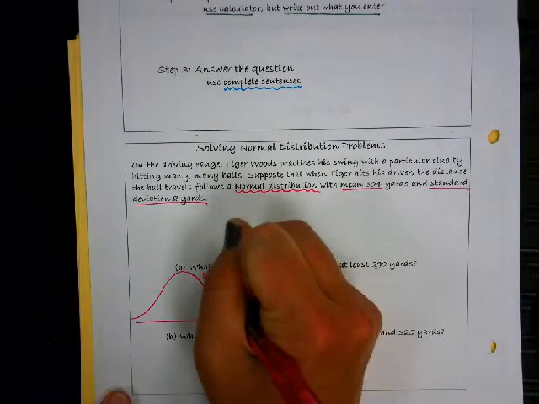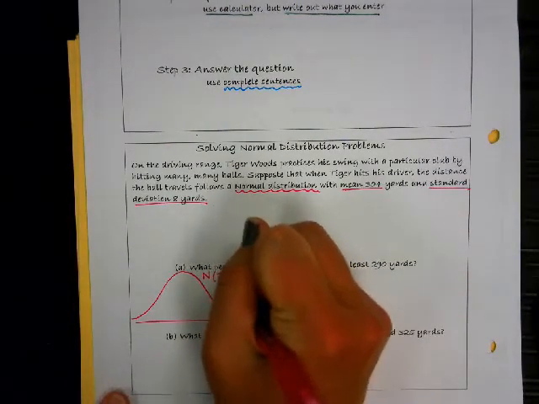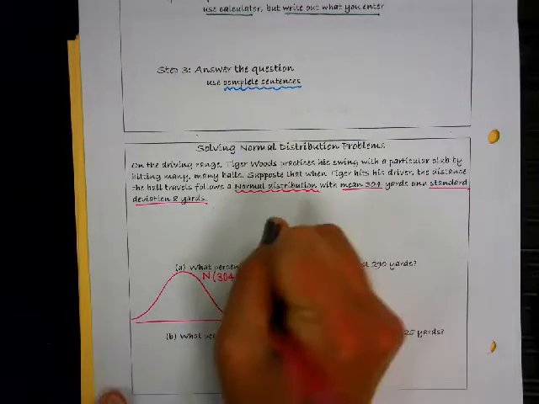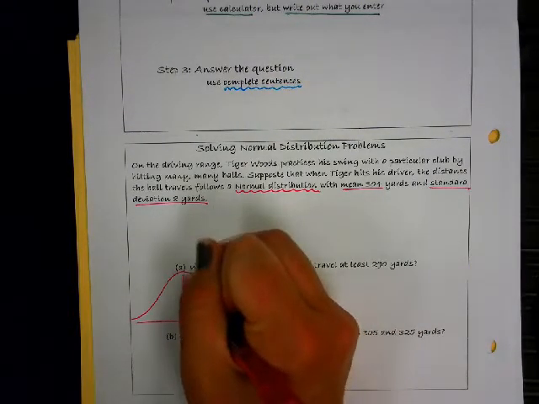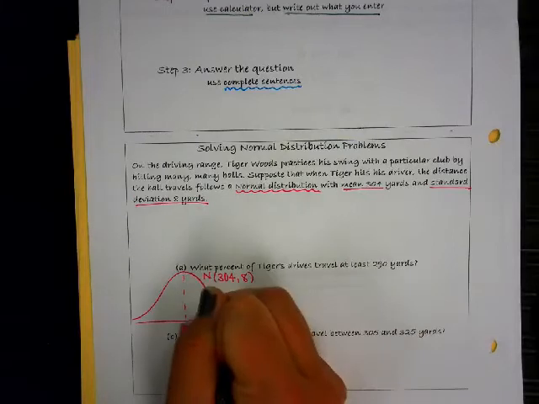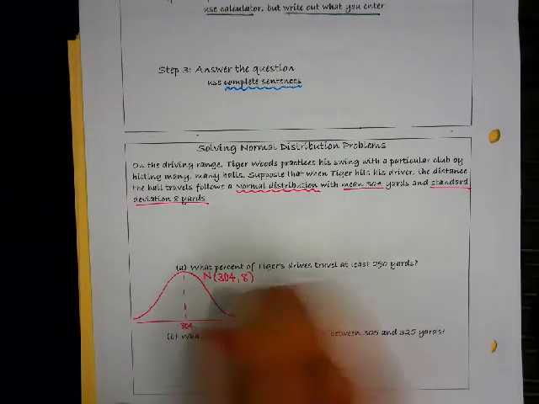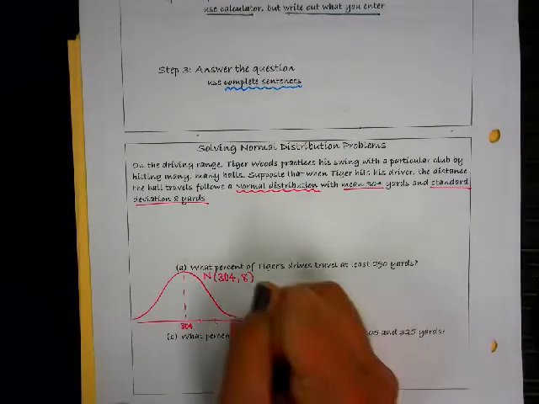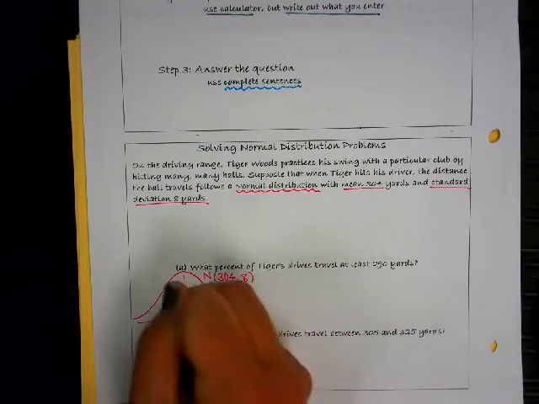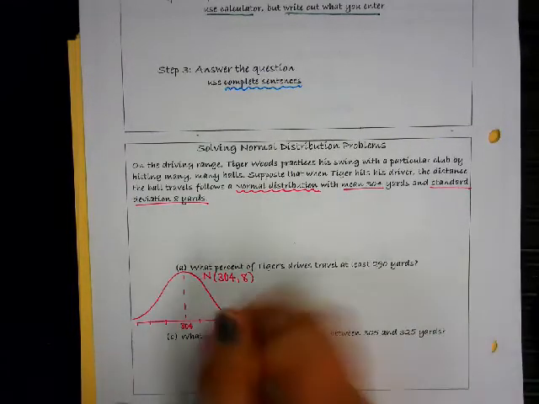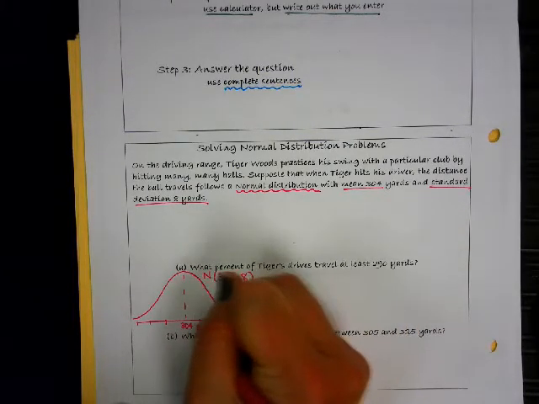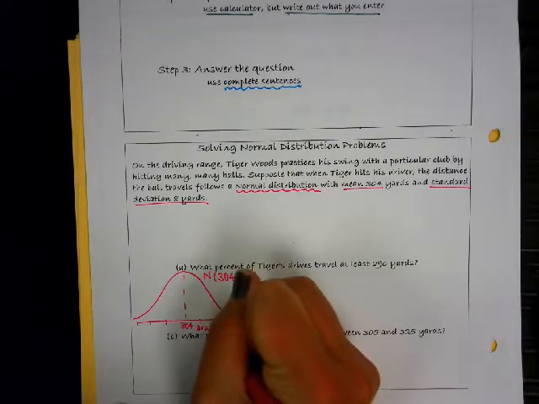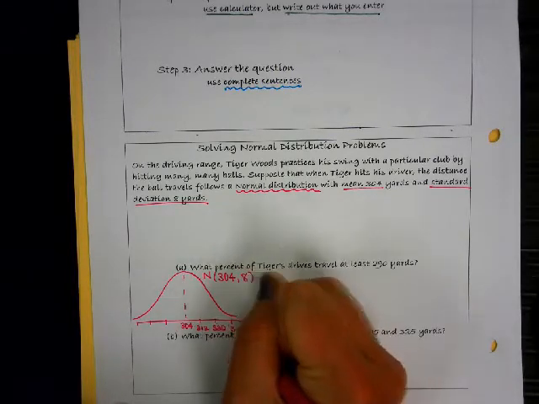I have 304 for the mean and 8 for my standard deviation. So I'm going to label all my little hash marks. At the center is my mean, 304. I'm going to do 1, 2, 3 standard deviations above and 3 below. So 304 plus 8 is 312, plus another 8, 320, and then 328.